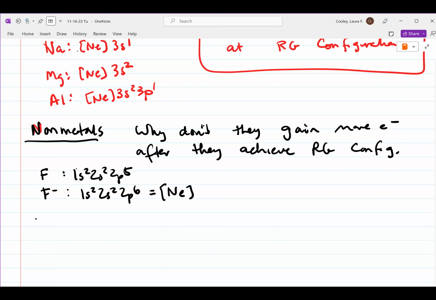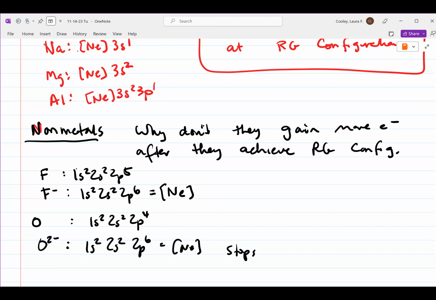Okay, oxygen. So O2 minus would be 1s2, 2s2, 2p6, or neon, and it stops gaining electrons. Fluorine stops after 1. Okay, so the question is, why?